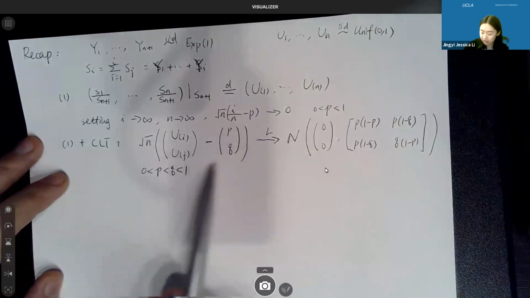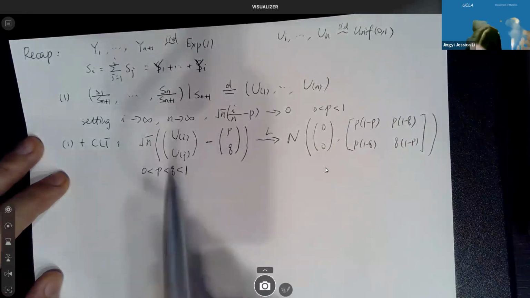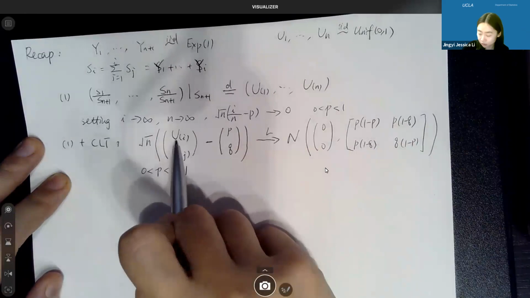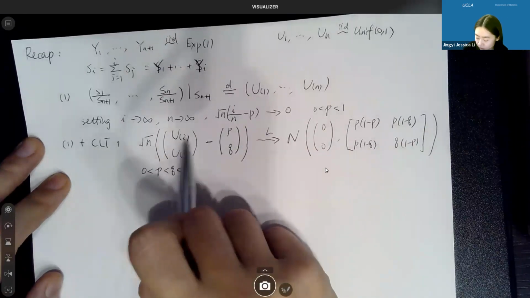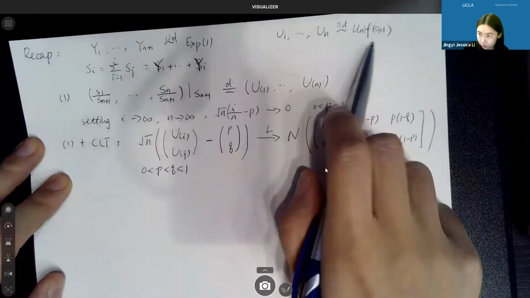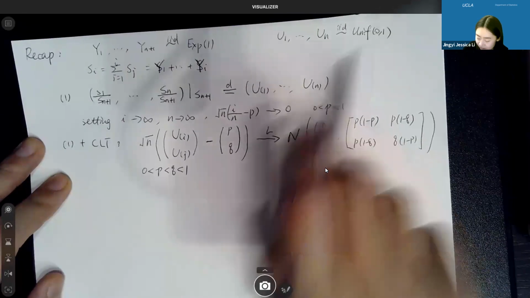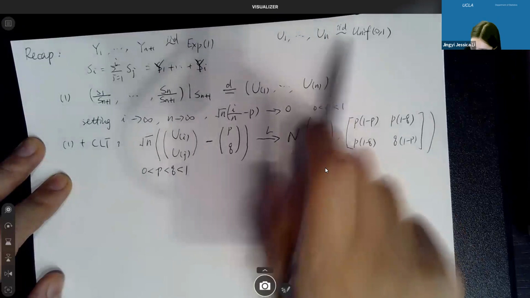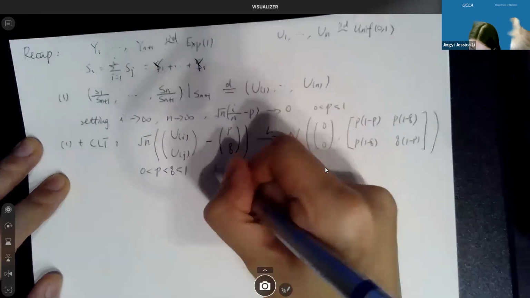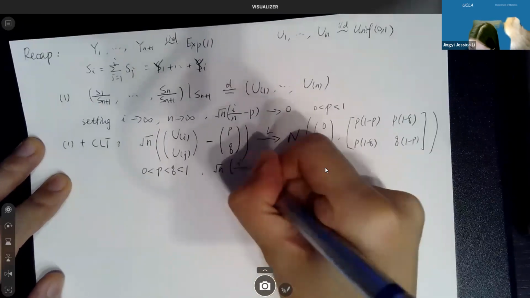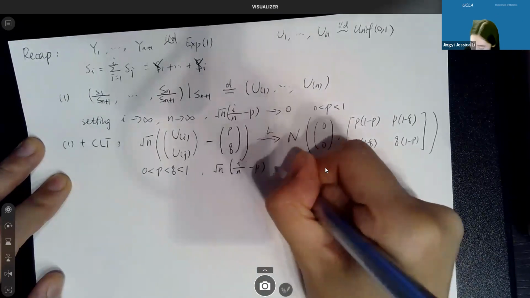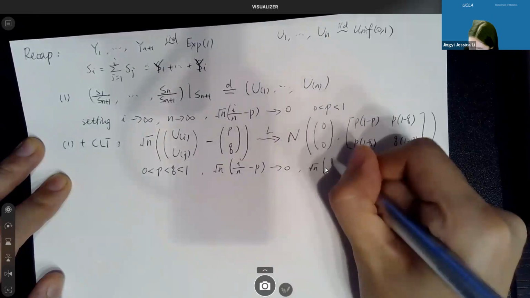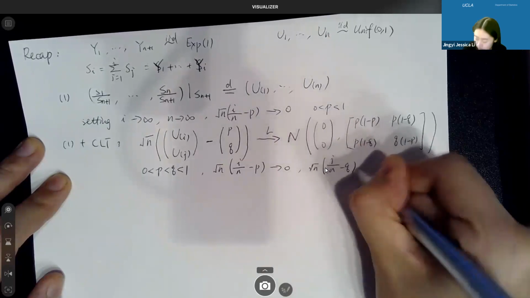And we are interested in using Ui as the sample p quantile for a uniform sample, and Uj as the qth sample quantile for the uniform sample. That's why we have root n times (i over n minus p) going down to 0, and root n times (j over n minus q) going down to 0.